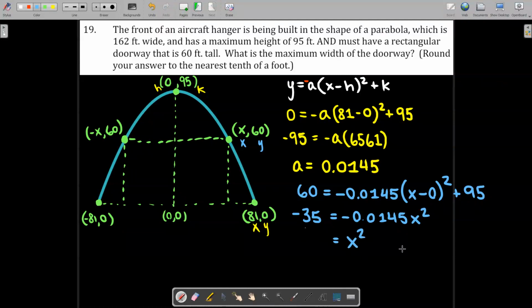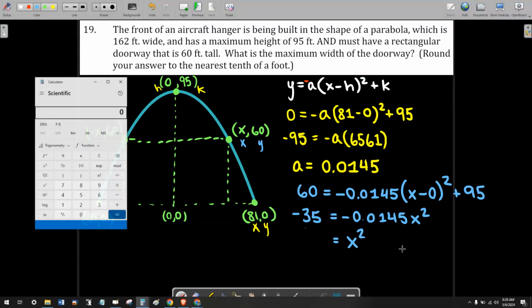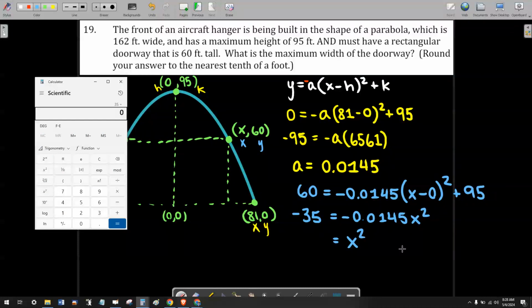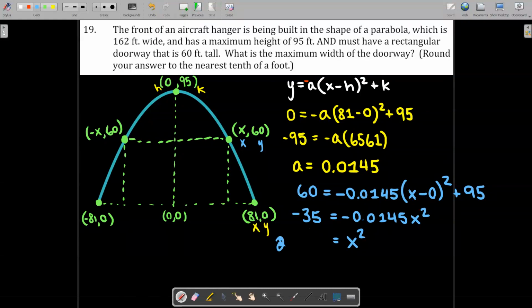X squared. Okay, 35 divided by 0.0145 is about 2,413.793. Hopefully you can read that.